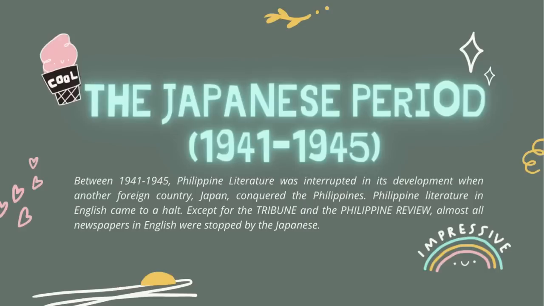We all know that the Japanese are not into English. And in this era that we are living in, Japanese seek tutorials in English so they can speak well of the English language. During this period, the country was stopped from writing in English, except for the different newspapers. Examples are the Tribune and the Philippine Review.